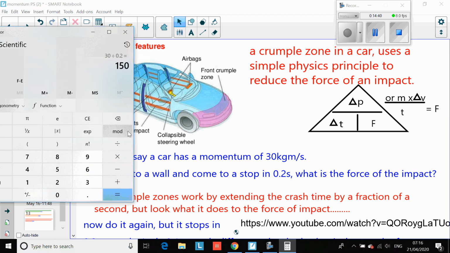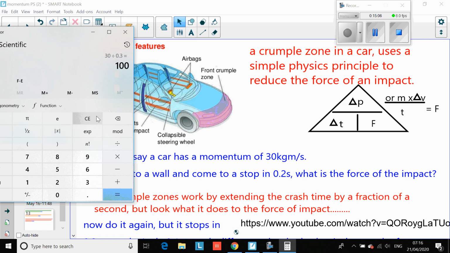Same momentum of the car, 30, but this time I'm going to divide it by 0.3. So we've extended the crash time by just 1/10 of a second. Not very much at all. But I've knocked, sorry, I've knocked a third off the force of the impact. It was 150, now it's 100.